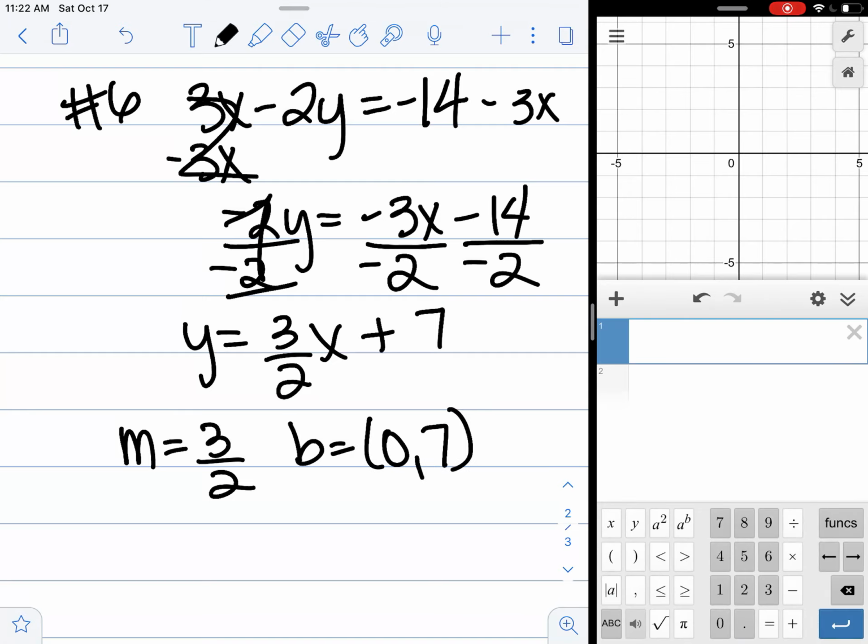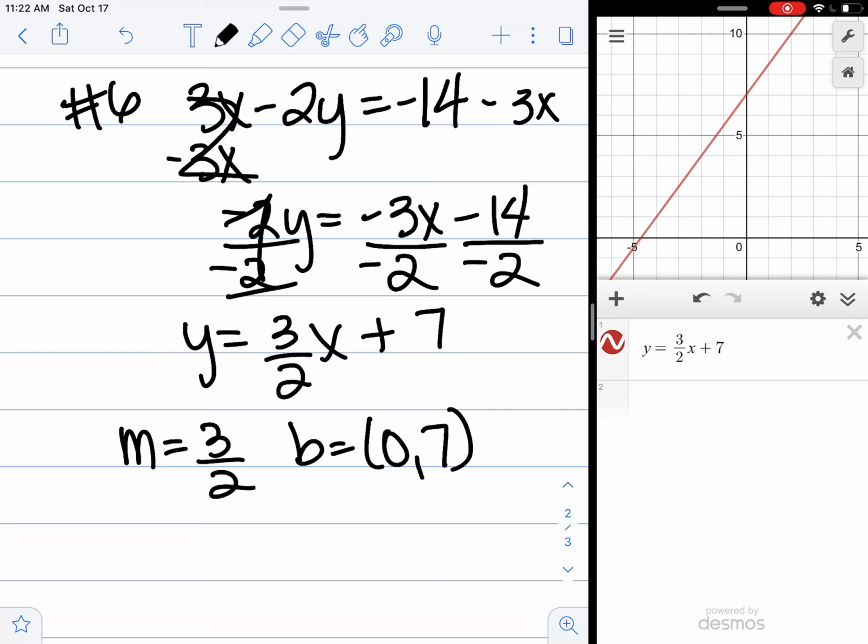So let's find that x-intercept by plugging this in. Y equals 3 halves x plus 7. All right, here's our y-intercept right there, 0, 7, and here's our x-intercept. Now notice, this is a different number. It's kind of like giving you a decimal. And that's okay, you can still write it.